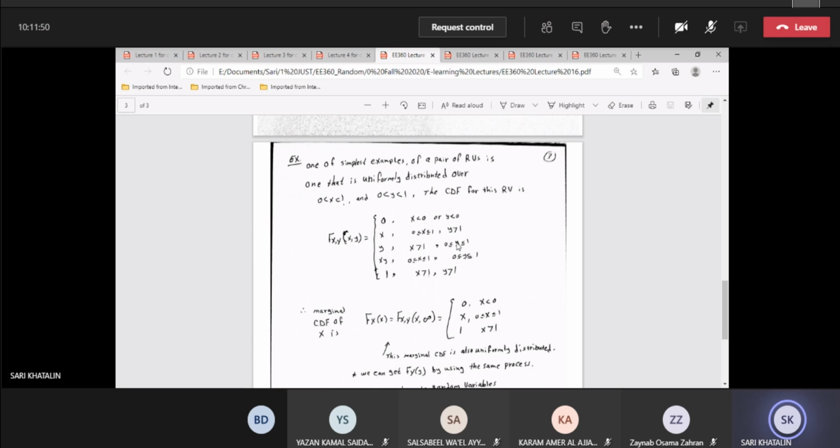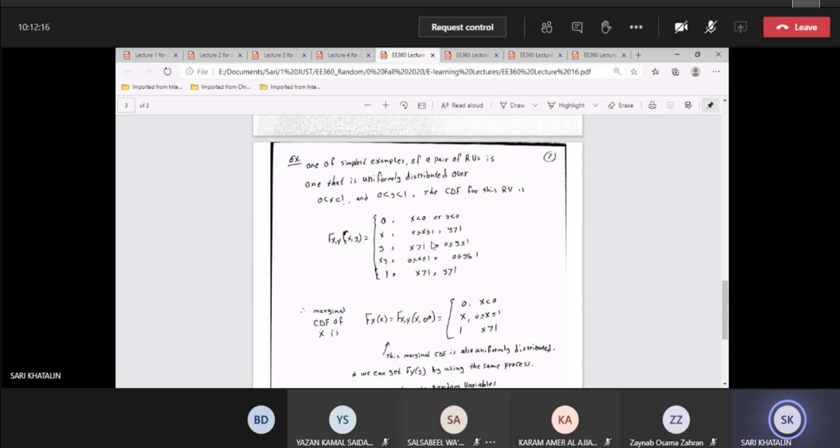Okay, quickly, we have a very simple example here, example on page 3. Let's say we have this CDF uniformly distributed over X and Y, where X is between 0 and 1, and Y similarly. The joint CDF is given here on the screen.